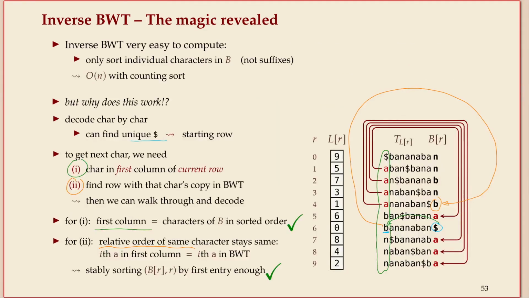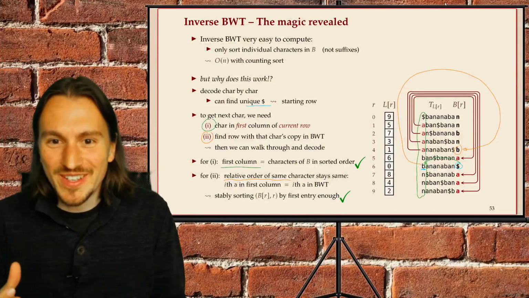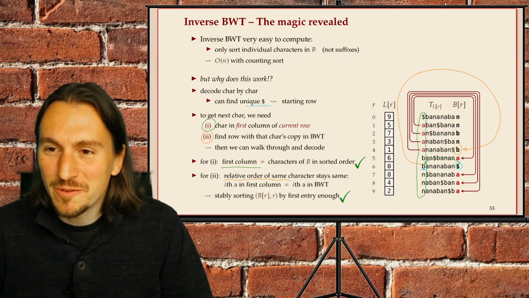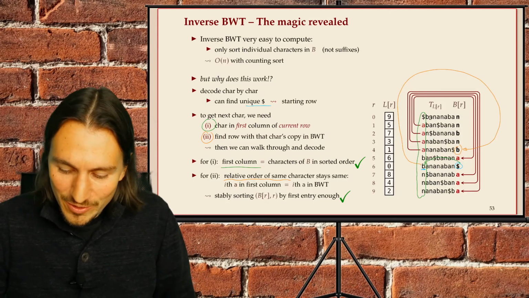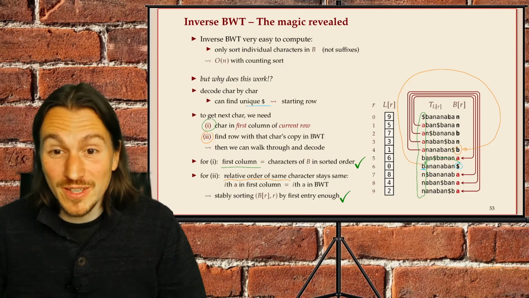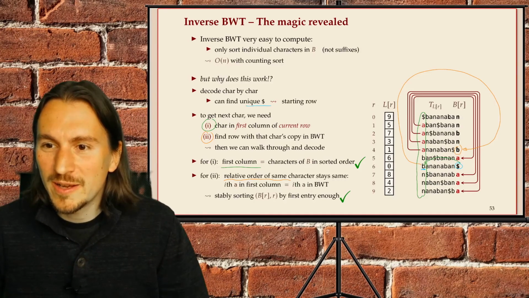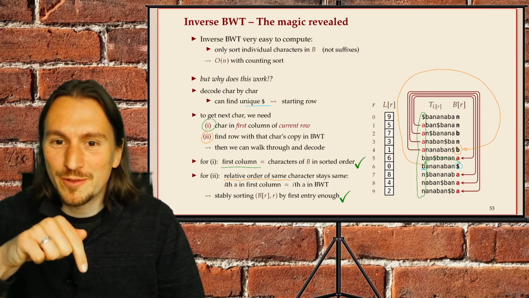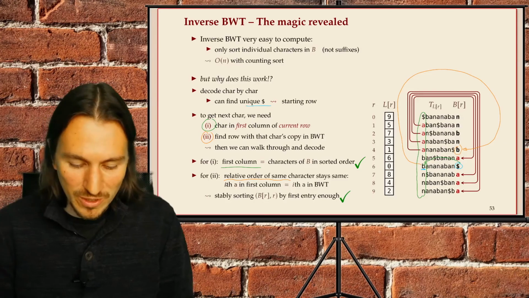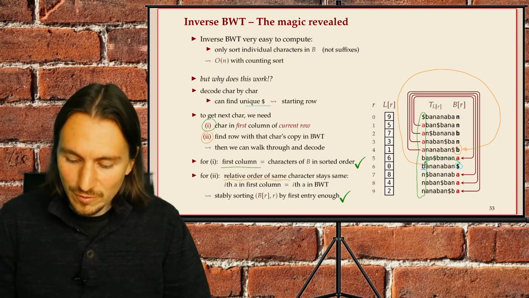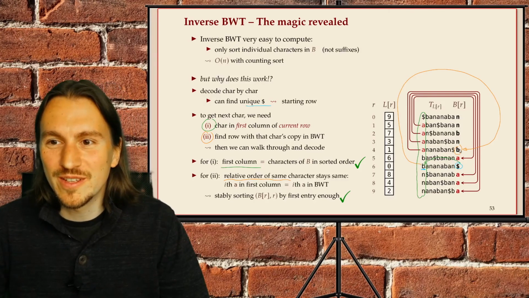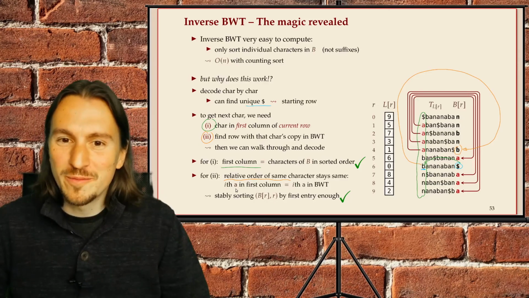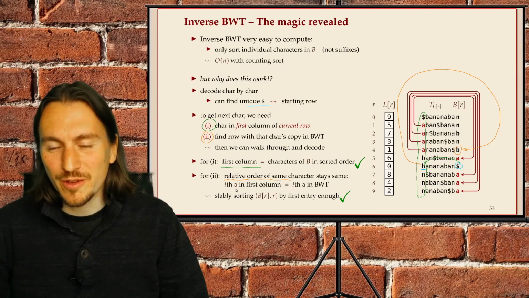So that explains how this algorithm actually uses the information of the middle columns that it doesn't explicitly know, by using these two facts: that we can jump to the left by sorting the characters, and we can jump to the right to the next character, finding the corresponding copy in the rightmost column in the BWT by going from the ith occurrence of a character to the ith occurrence of a character.